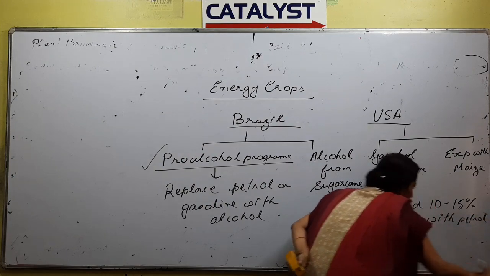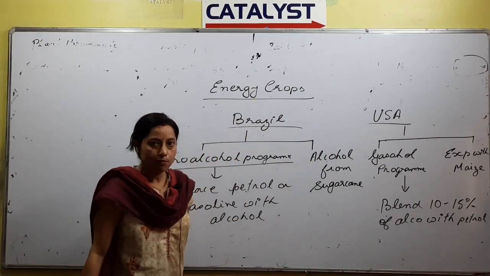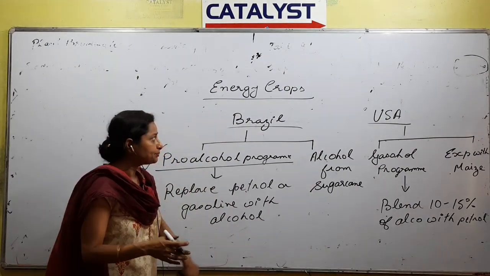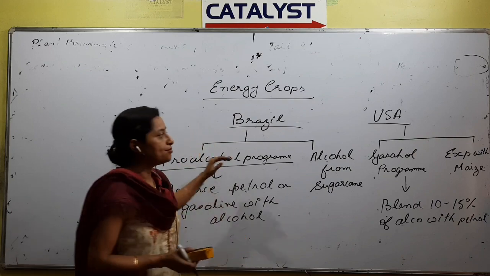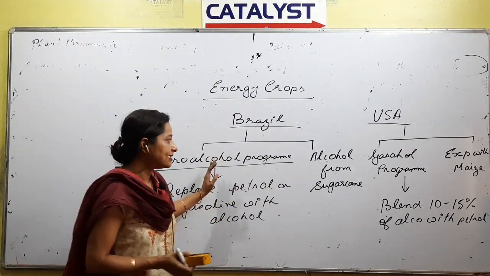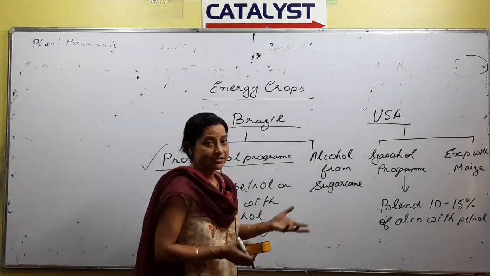Right? So energy crops, that is a very new technique. There are certain countries that are doing experiments on this. So these are the programs that we need to talk about, right? They are trying to extract alcohol from certain types of plants.